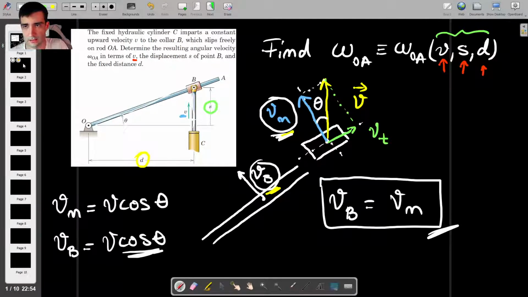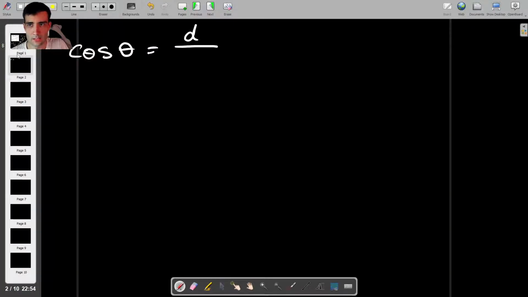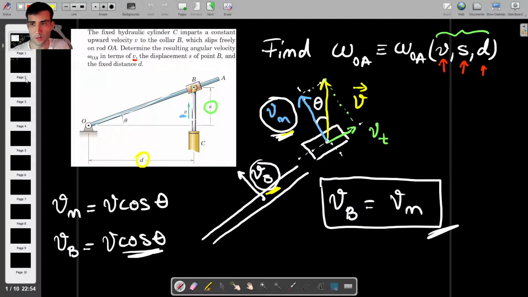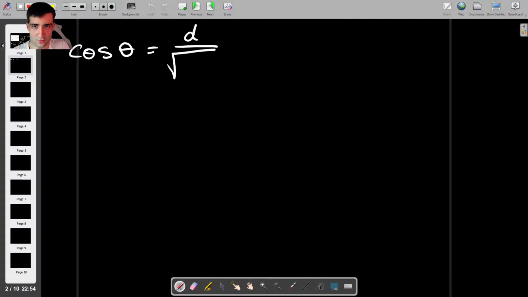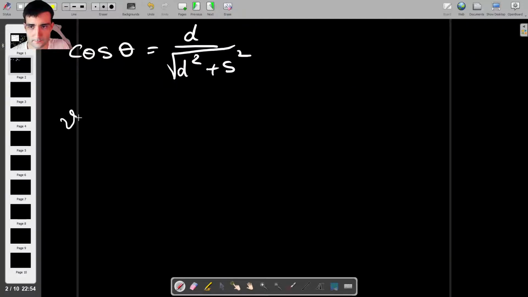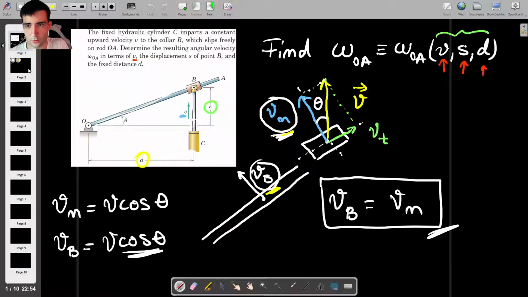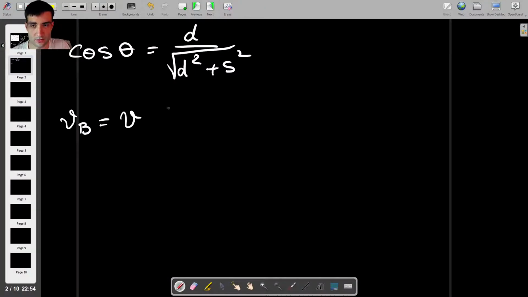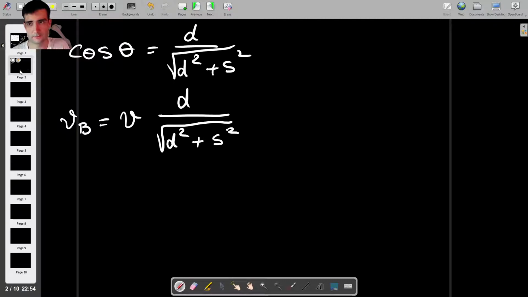The adjacent is d, and the hypotenuse we can find with Pythagoras, which is the square root of d squared plus s squared. So this is cosine of theta in terms of other things that are considered to be known. So VB is equal to V times cosine of theta, which is d over the square root of d squared plus s squared.